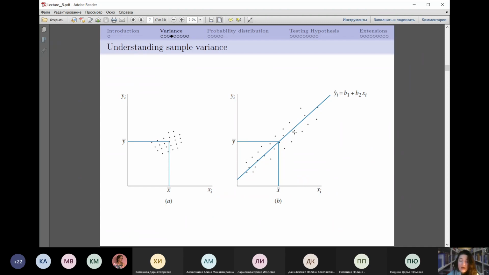The more spread out your independent variable is in the sample, the easier it is to find the relationship between the dependent and independent variable, because this line reflects that relationship.